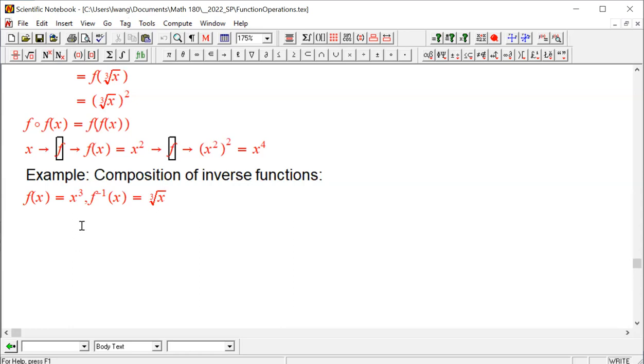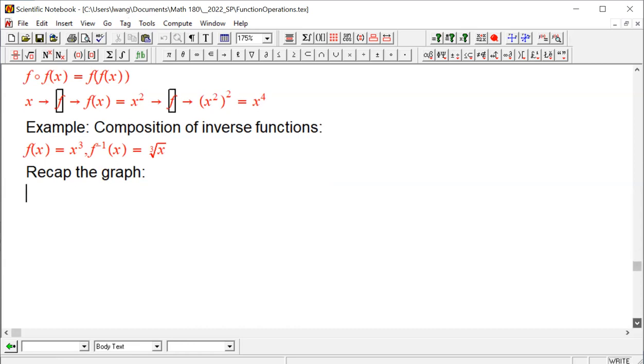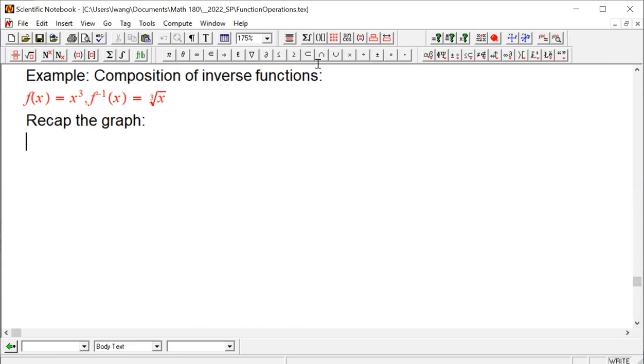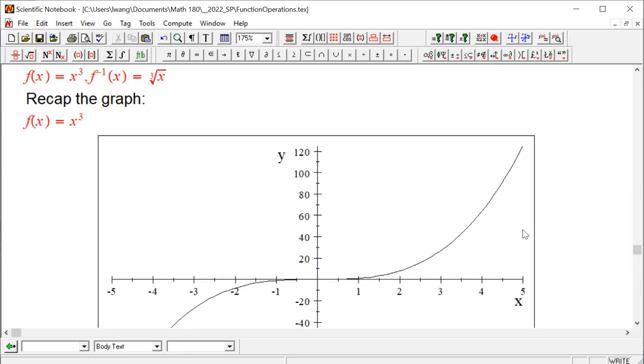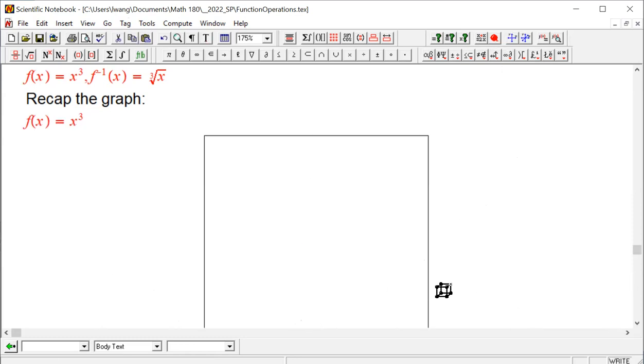Okay, let's recap the graph. We graphed both functions, so we're going to put the graph together again. F of x, which is pretty familiar to us.